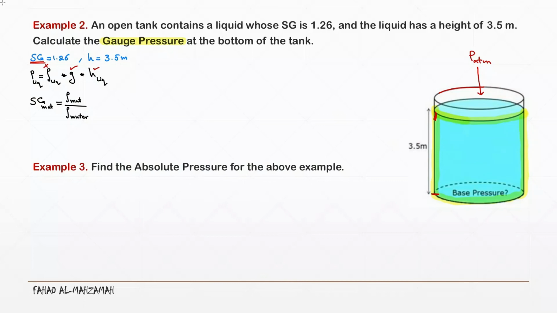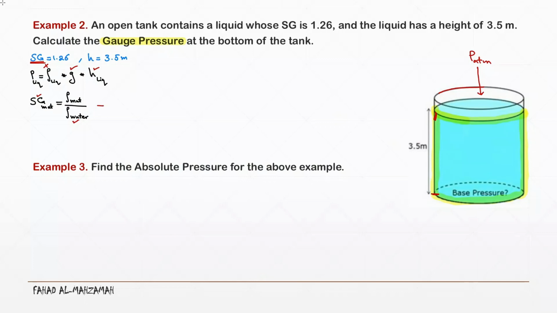Therefore we have the specific gravity, we have the rho of water, we know it, 1000, and we will use 1000 kilogram per cubic meter as an SI unit instead of 62.4 pound mass per cubic feet. Why? Because here it says the height is equal to 3.5 meter, so it's easier for me to find the density in SI. Otherwise I need to convert the height into feet or inch, whatever the value I will use for the density of water. So I will use the SI unit of water, which is 1000 kilogram per cubic meter.